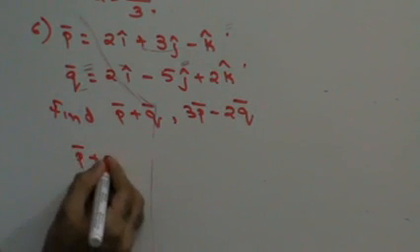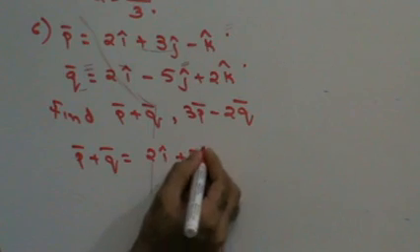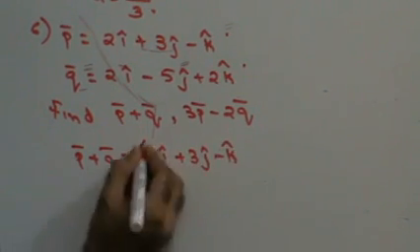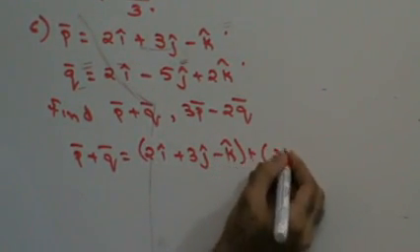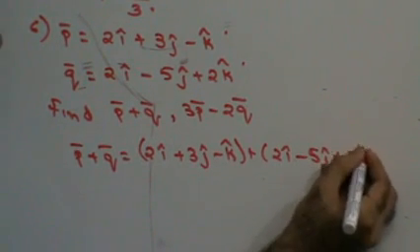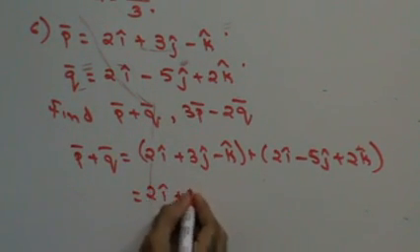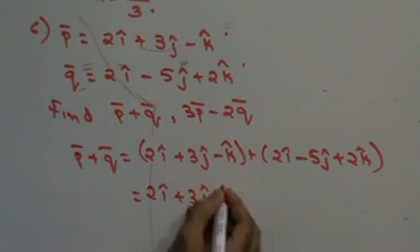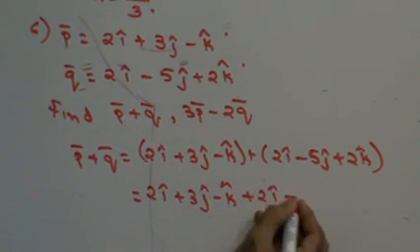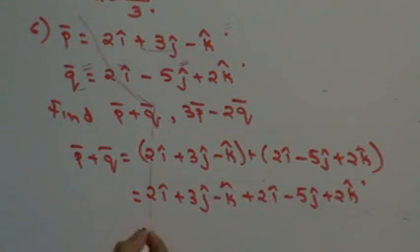Now P vector plus Q vector is a simple straightforward sum: 2i plus 3j minus k plus 2i minus 5j plus 2k. When I open the bracket, 2i plus 2i is 4i vector.